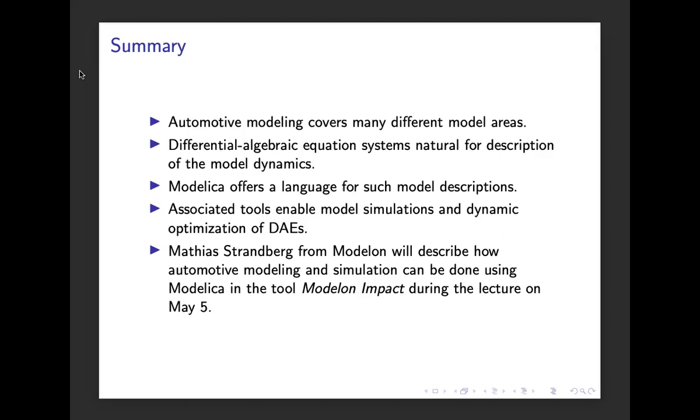As I also mentioned in the beginning, many automotive industries have been early in adopting, for example, Modelica and other tools for doing model-based engineering, and use that as a basis for both the design of the vehicle, but also for simulations and evaluating different control systems.